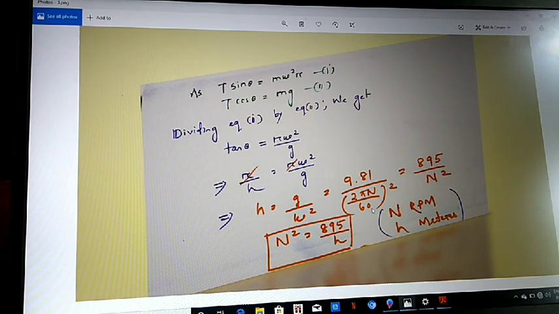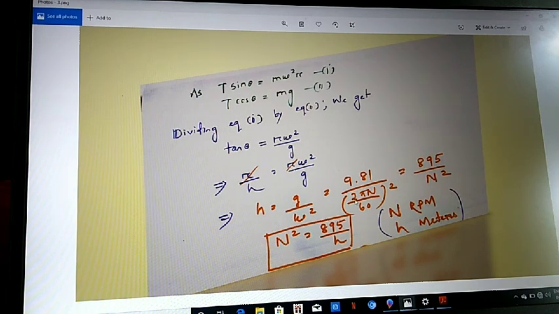If we calculate 60 by 2 pi whole square into 9.81, it will give you 895. So n square will be 895 by h, where n is the number of revolutions per minute, that is in RPM, and h will be in meters.